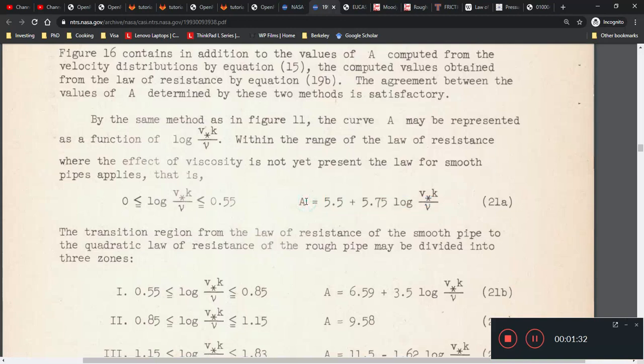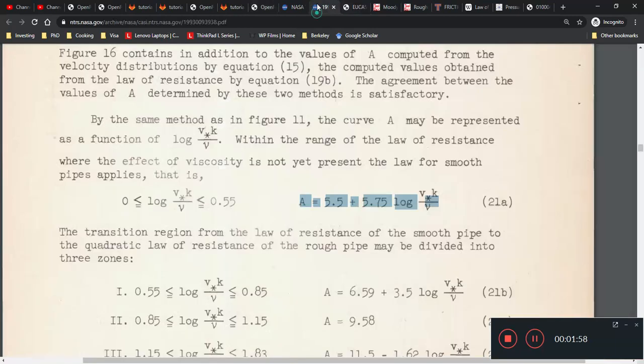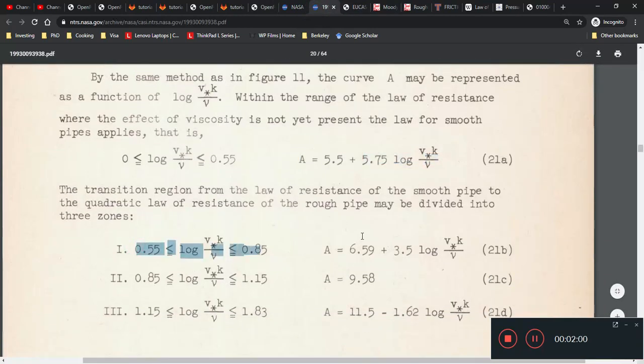Or rather, where the relative height or the dimensionless roughness height, or the log of that, is very low, we will have this expression over here, and it corresponds to this expression over here where we see the 5.5. Next, we should expect the 6.59 from HS plus equals 3.5 to 7, or in this regime over here, we see 6.59 pop up here.